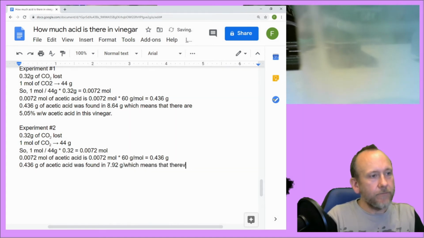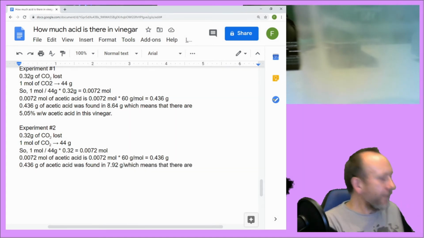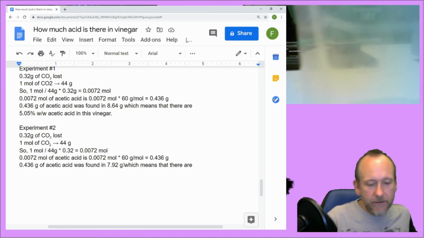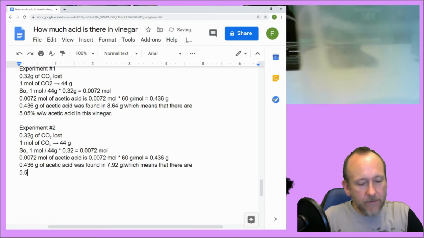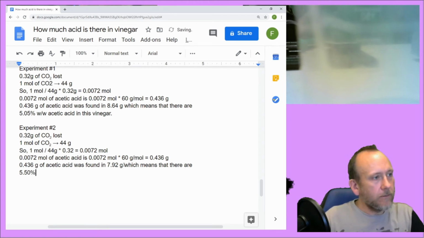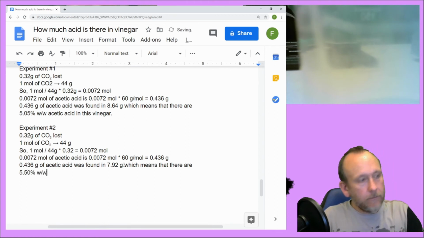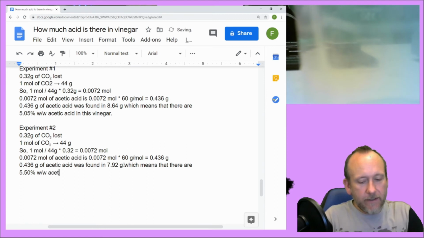There are 5.5% weight for weight acetic acid in this vinegar.